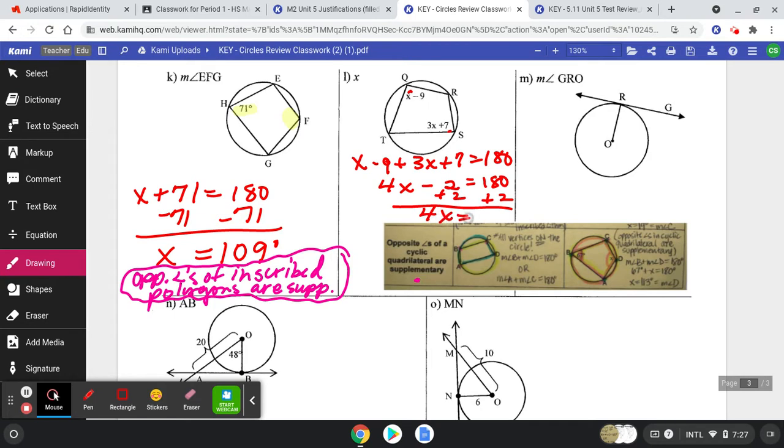I'm getting 4x equals 182. Grabbing my calculator and dividing by 4. I'm getting that x equals 45.5 degrees.